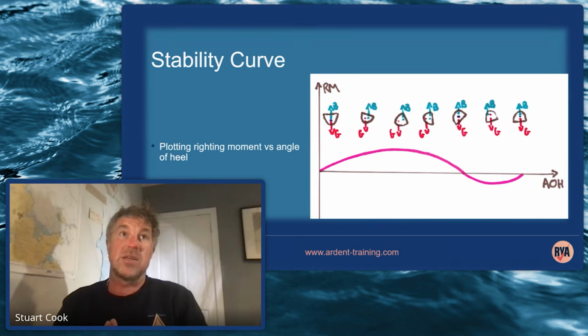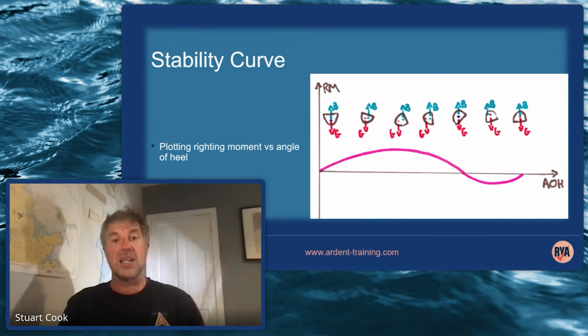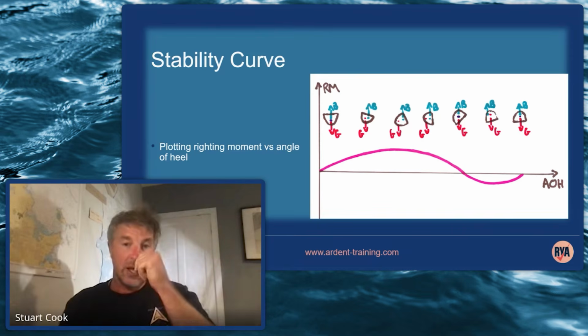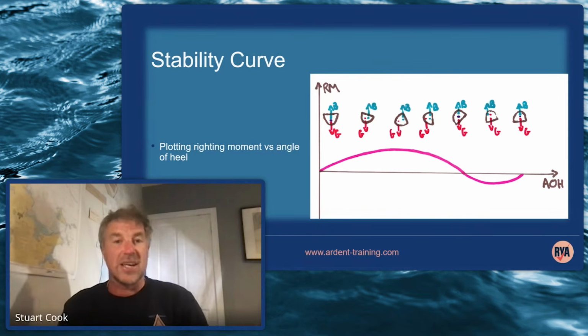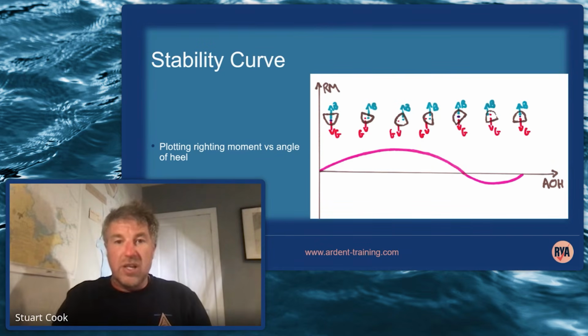Our basic stability graphs are plotted with our righting moment on the y-axis, the vertical axis, and our angle of heel along the horizontal axis, the x-axis. I'll just very quickly run through each of these little diagrams. In the first one, buoyancy and gravity are acting in the same plane, so there's no righting moment.